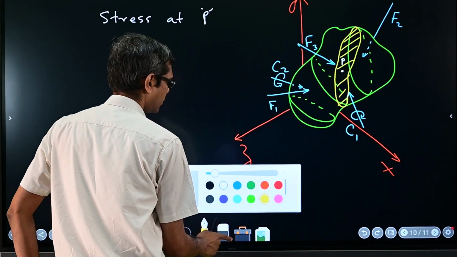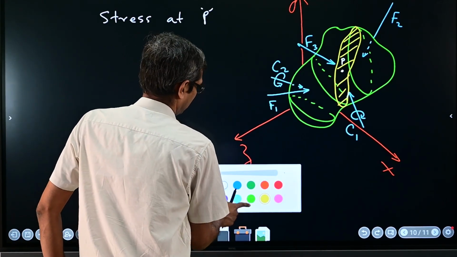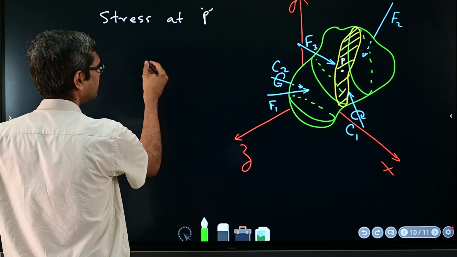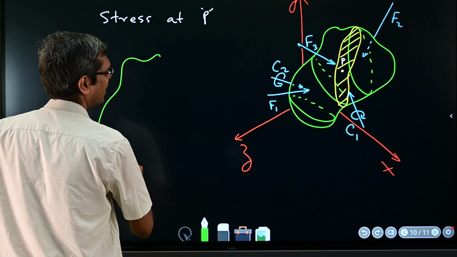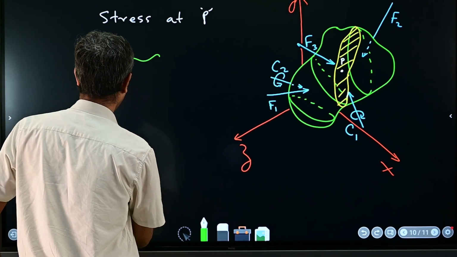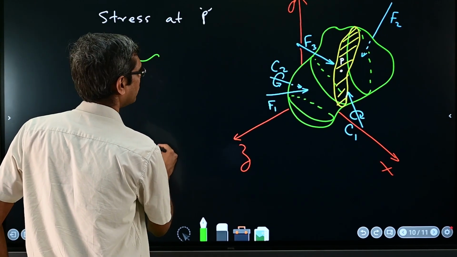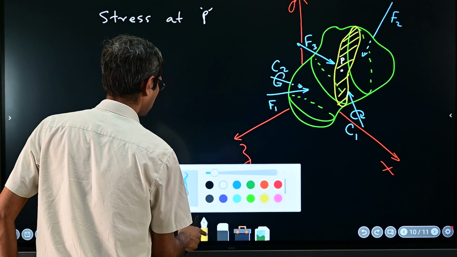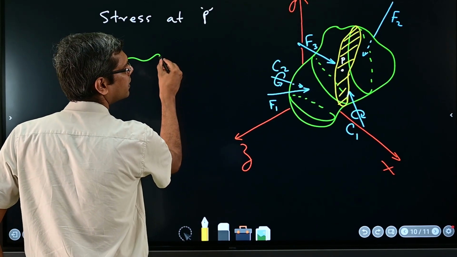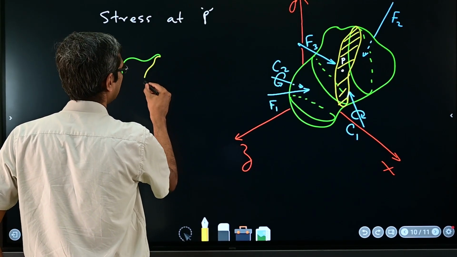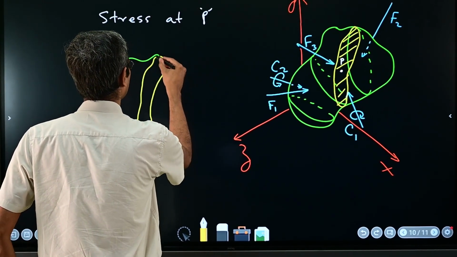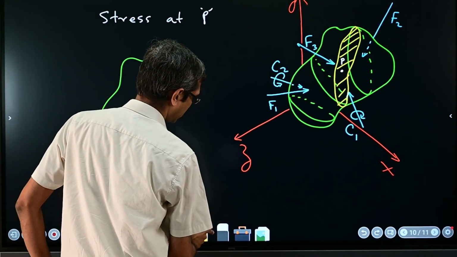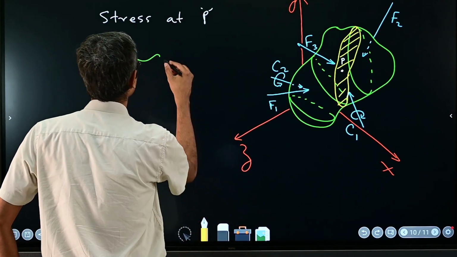Now let me try to draw something. I can only try. So here, this cut portion is somewhat like this. This is a bad drawing.